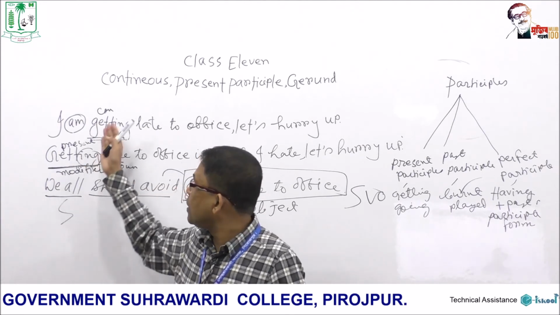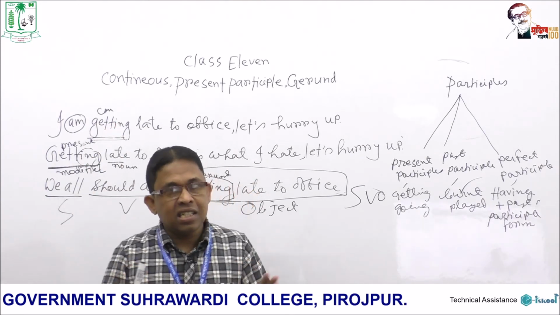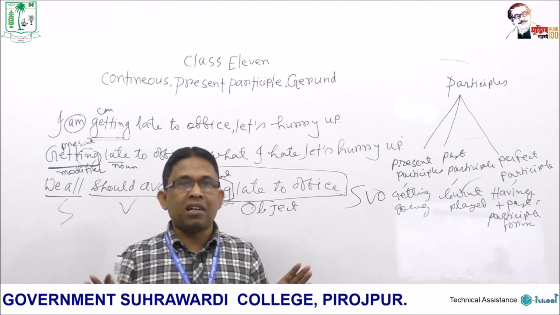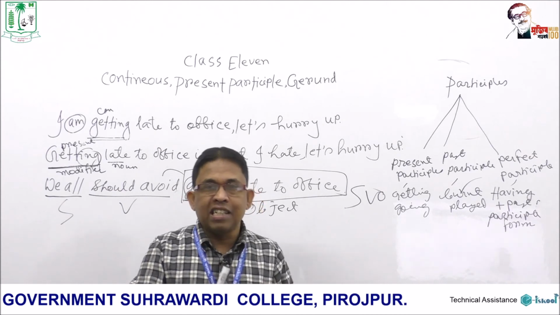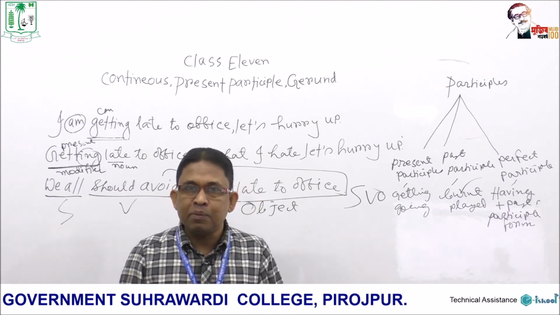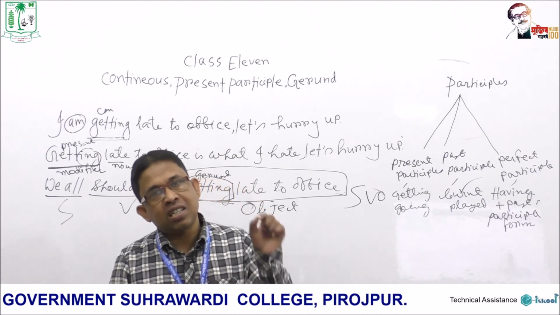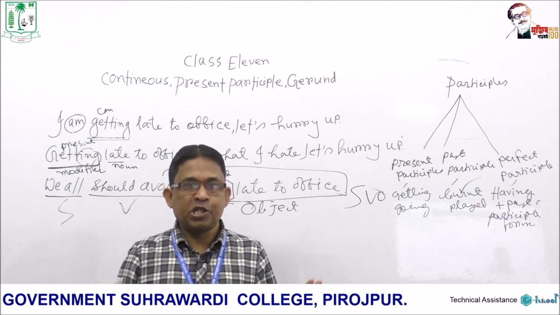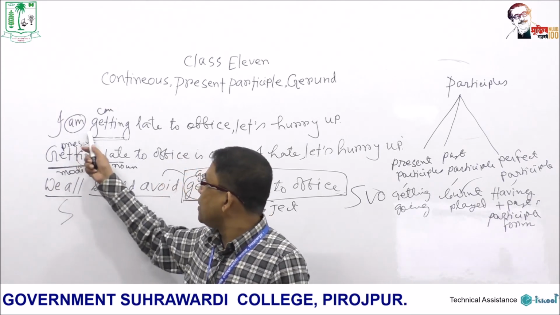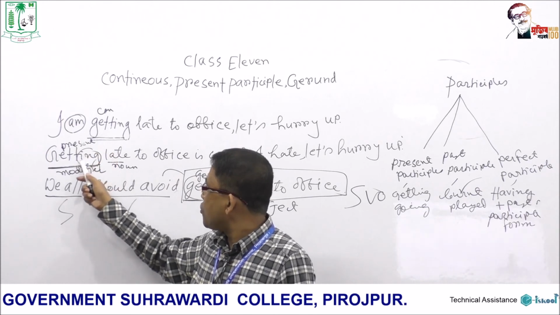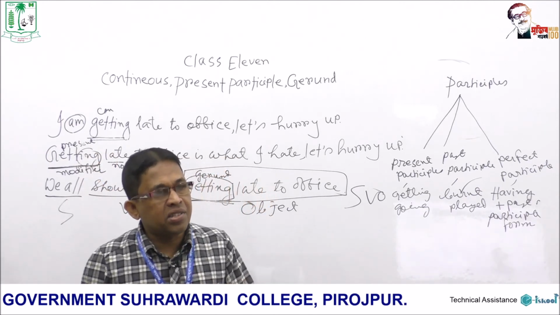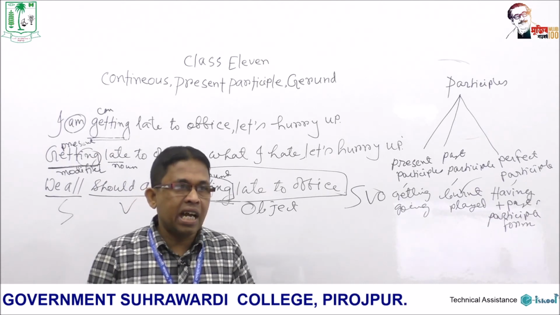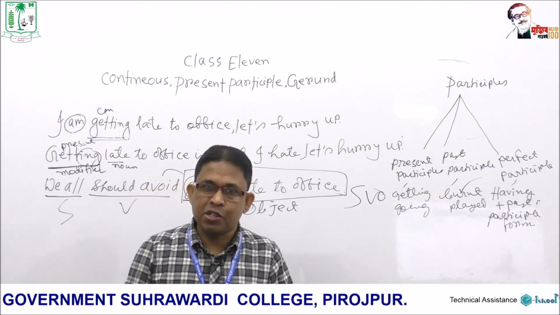And what about the continuous form? It acts neither like an adjective nor a noun. It acts just like a verb, not less nor more than this. So the continuous form, gerund form, and participle form, all take ing at the end, but they are different in their functions.